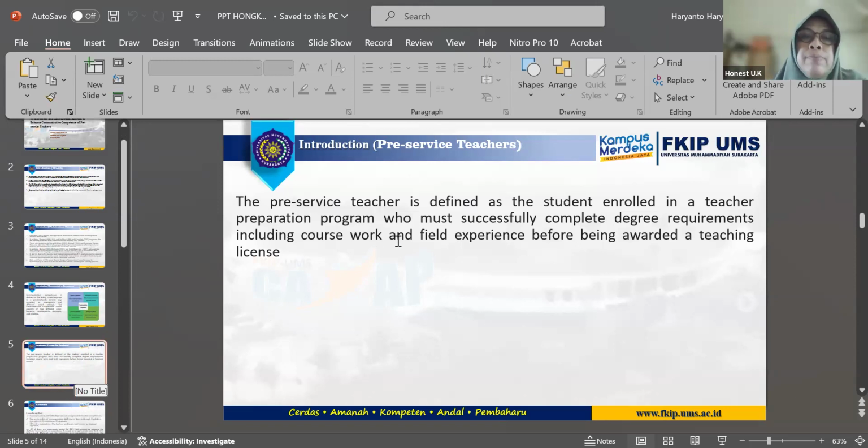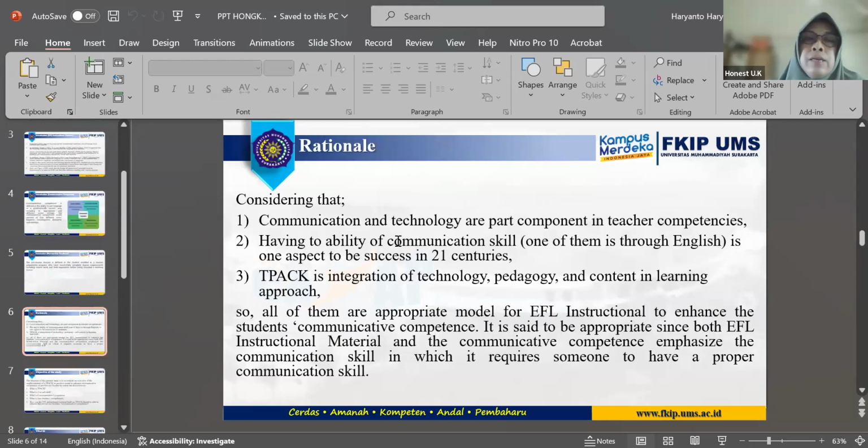Okay, next, considering that first, communication and technology are component parts of teacher competencies. The second one, having communication skill, one of them through English, is one aspect of being successful in the 21st century. The TPACK is an integration of technology, pedagogy, and content in a learning approach.